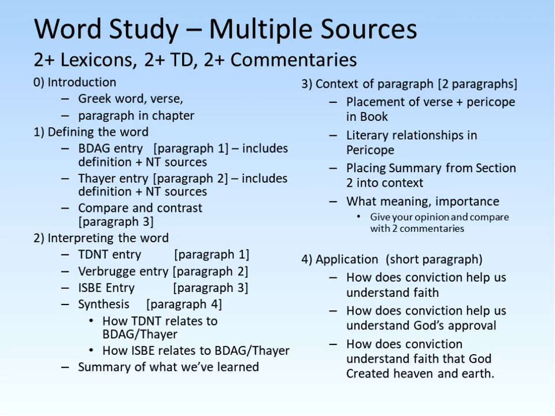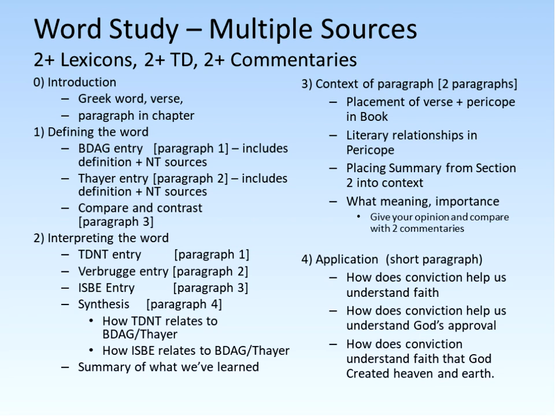word. You go to the context of the paragraph by placing the verse in the pericope in the book. For Matthew's first chapter, you might look at the genealogies and place that within the book and describe what happens before and after.